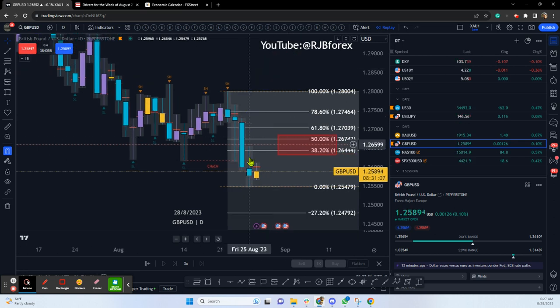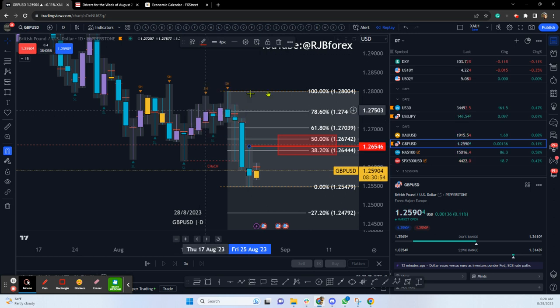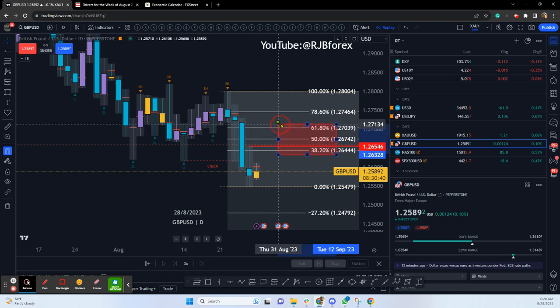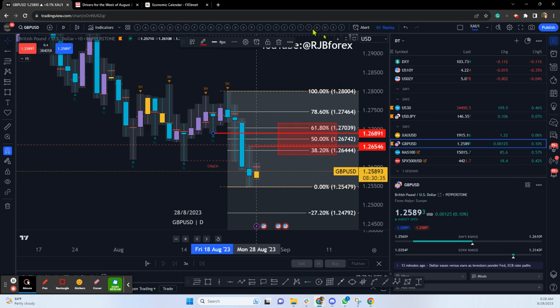So maybe we're going to come back for a retest of that breakout, those highs from Friday. Okay, so we've got that M formation, the neckline in between the 50% and 61.8. So we'll just extend that out a touch. Just keep note of those lows there.